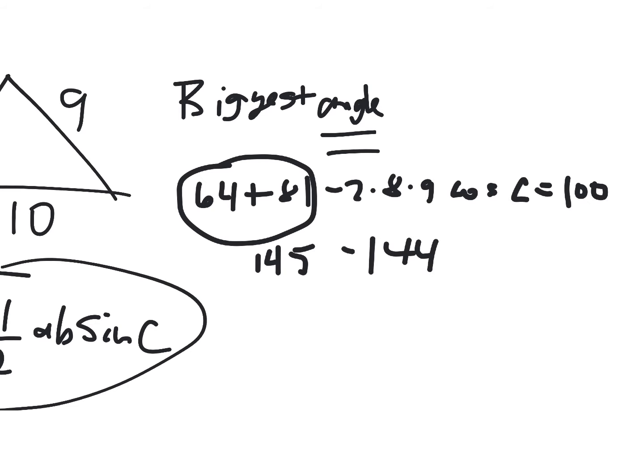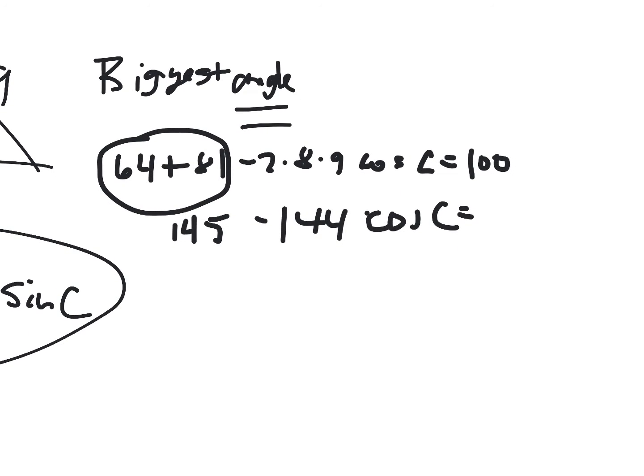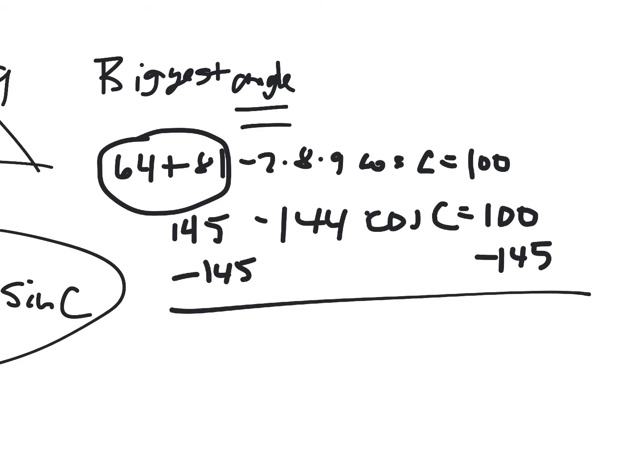Cosine of big C equals 100. Robbie, what's next? You subtract 145. You are correct. And now I got negative 144 cosine of big C equals negative 45.